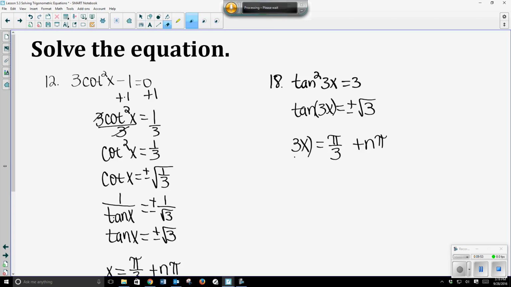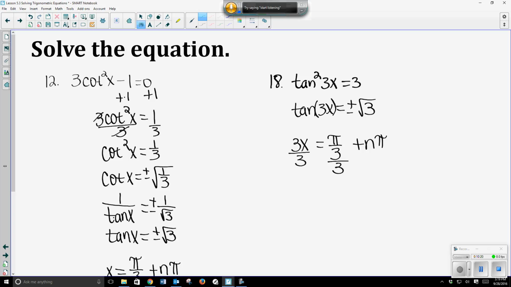And look on your unit circle and see that for root 3, tangent of some angle, which for this particular problem is 3x, is pi over 3 plus n pi. So we're having to do it this way because you cannot divide by 3 before you get rid of the tangent, do the inverse of tangent. Now that we have found the inverse tangent of root 3, we can divide by 3.